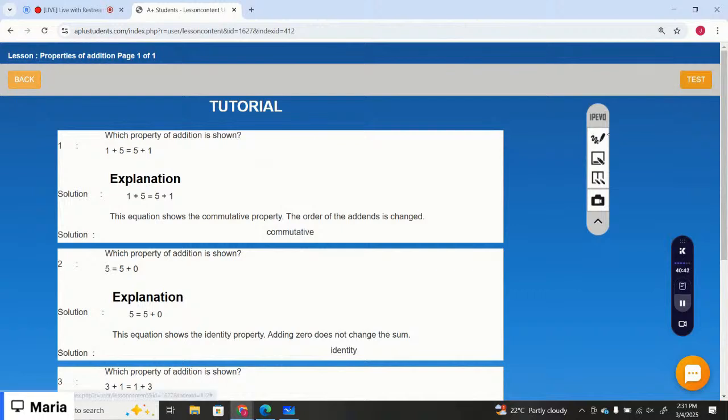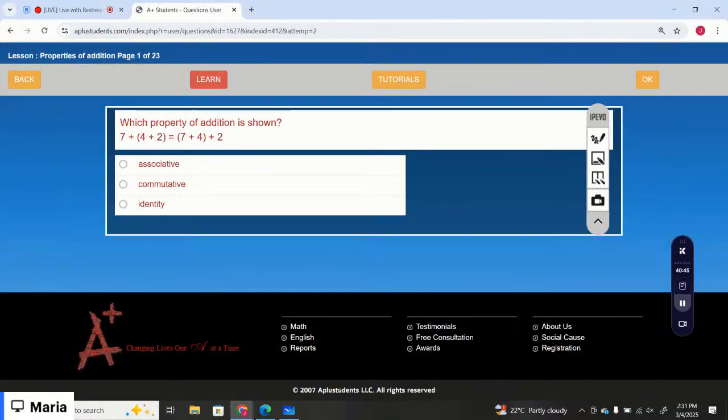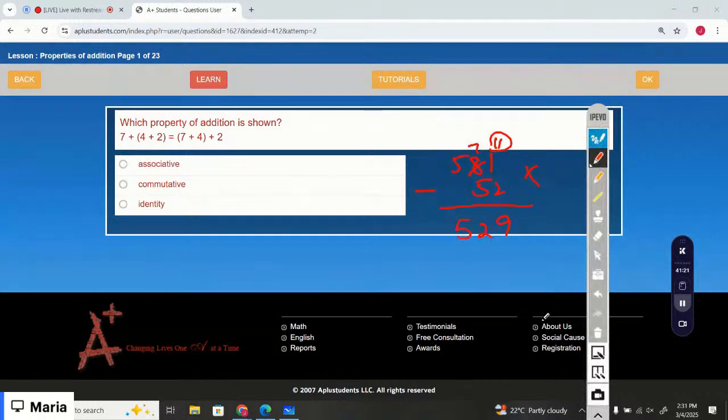Let's just start with the test questions. Which property of addition is shown? 7 plus 4 plus 2, 7 plus 4 plus 2.